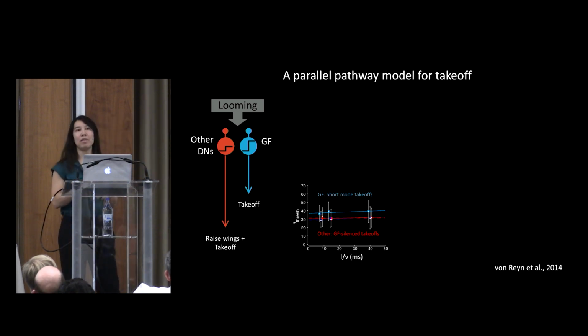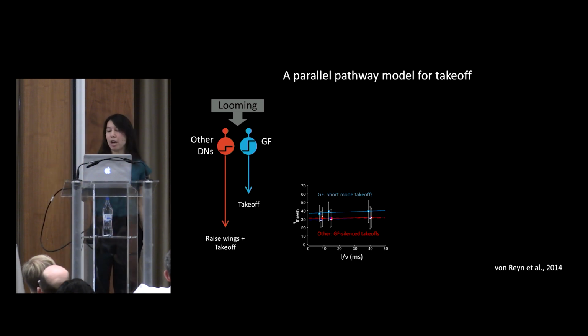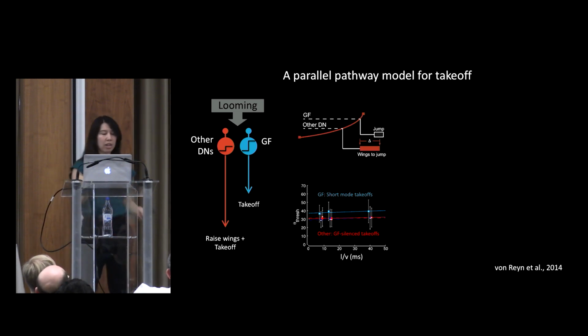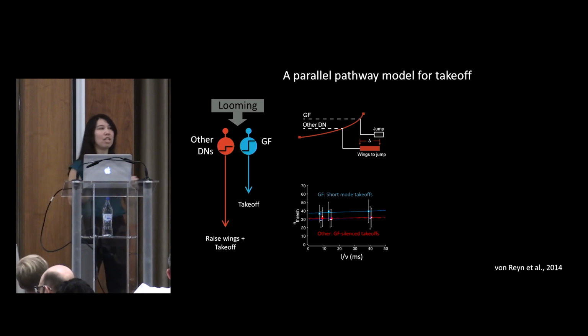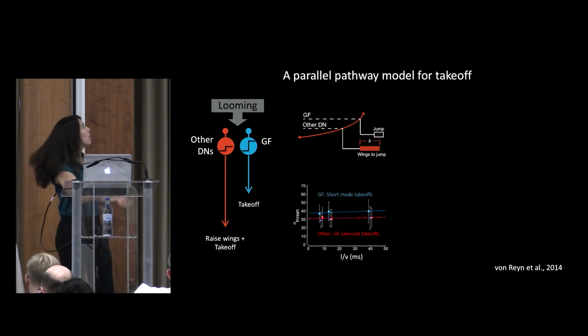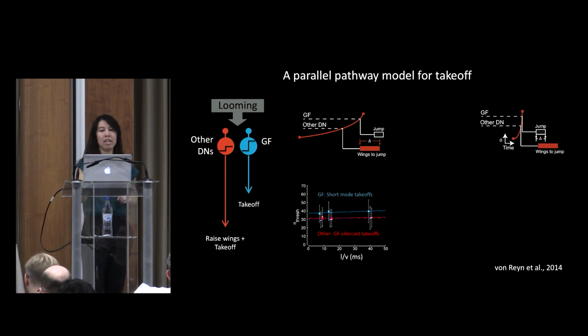The other descending pathways have a lower threshold. The giant fiber has a higher threshold. And then here's how we postulated that it might work. So if you have a slow looming stimulus, then you cross this lower threshold for the other descending pathways first. That starts in motion this longer mode takeoff, and you finish the longer mode takeoff, based on the motor delays we estimate from our data, before you ever even cross the giant fiber threshold from the sensory point of view.